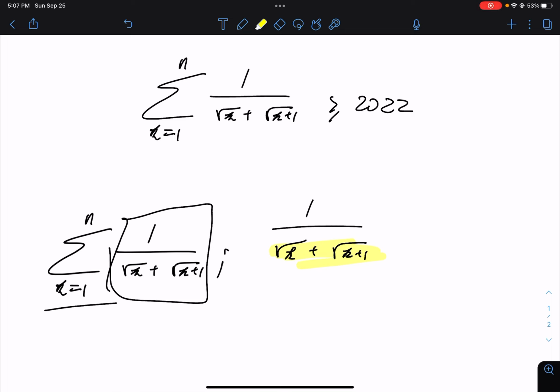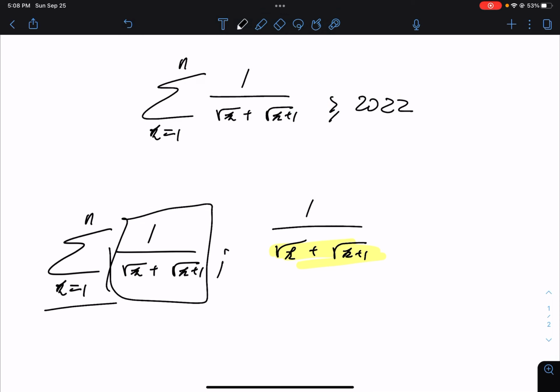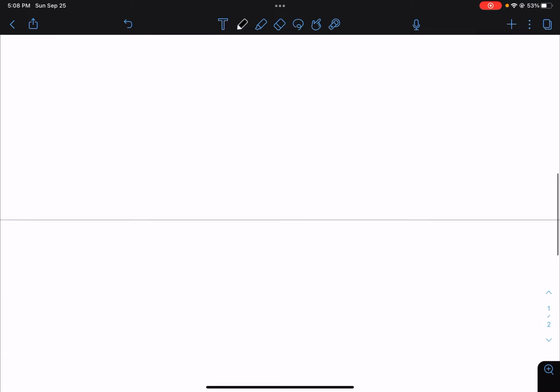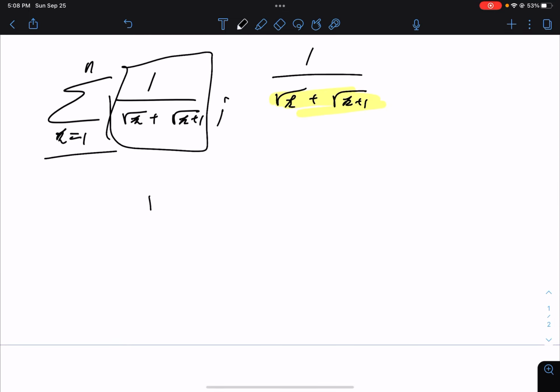We are simply going to multiply the expression by its conjugate in order to get a simpler form. So the conjugate of what is highlighted, I'm going to put the conjugate down here and I'm going to multiply it.